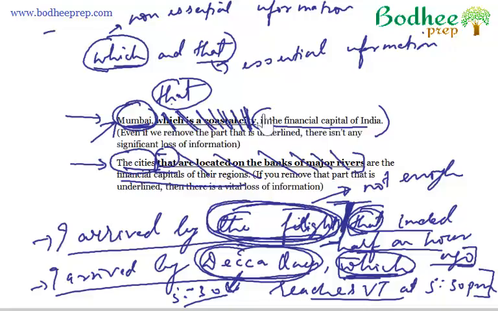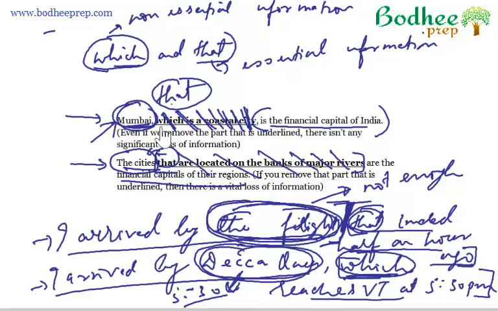But in general, we leave it to the writer to decide whether he has critical information in mind or non-essential information in mind. If he has non-essential information in mind, he can use which with commas, and if he has critical information in mind, he can use that without commas. The rule is that before that we cannot have a comma.